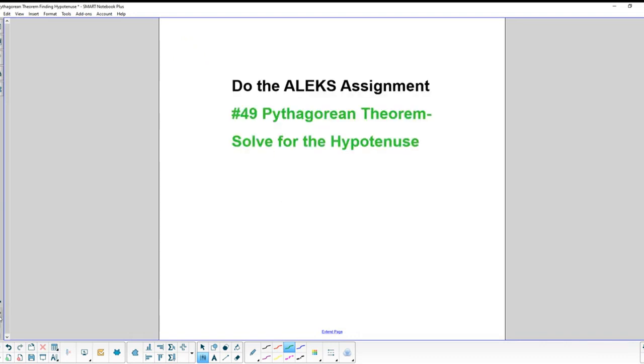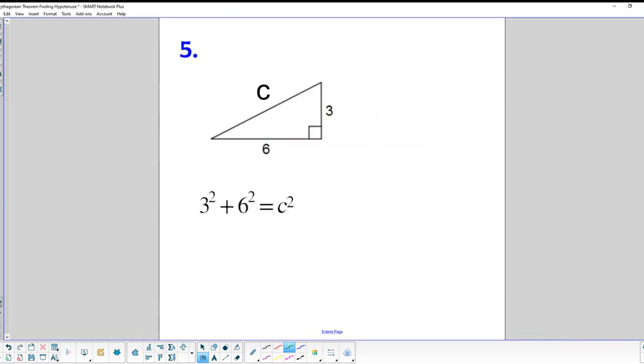Okay, I think this is our last one. Yep, this is our last one. So we've got a base of 6 and an altitude of 3. So we go a squared plus b squared equals c squared. So 3 squared is 9. 6 squared is 36. And all of that equals c to the second power.